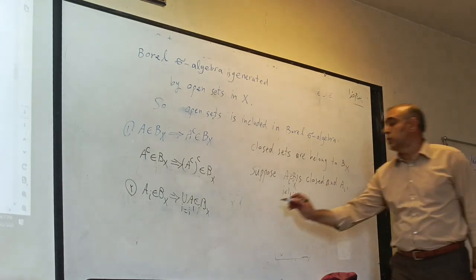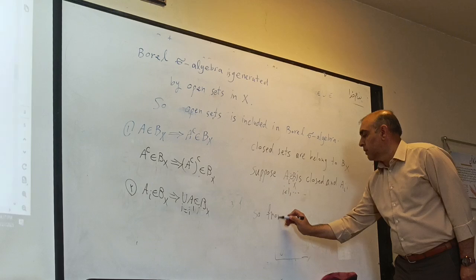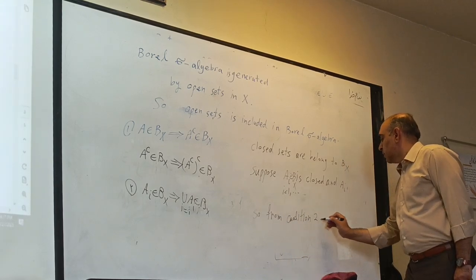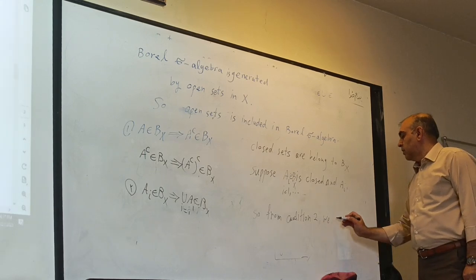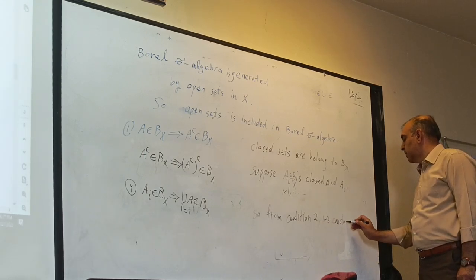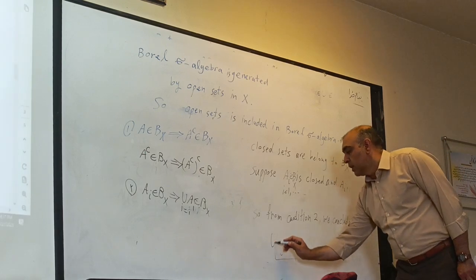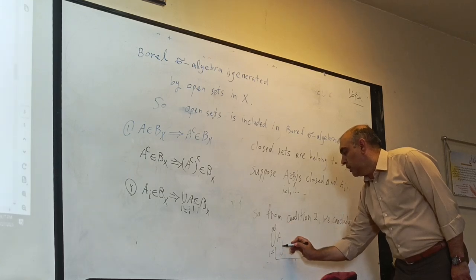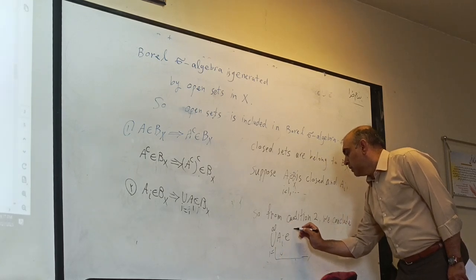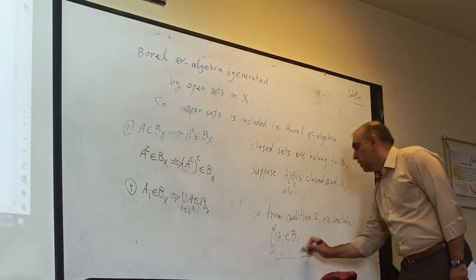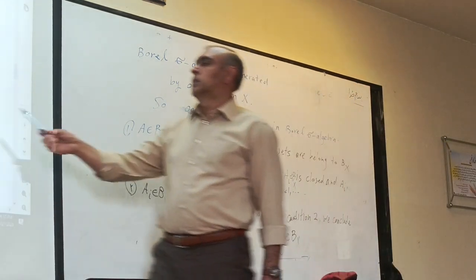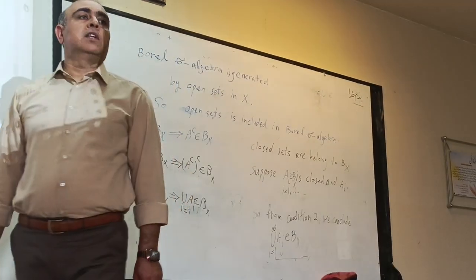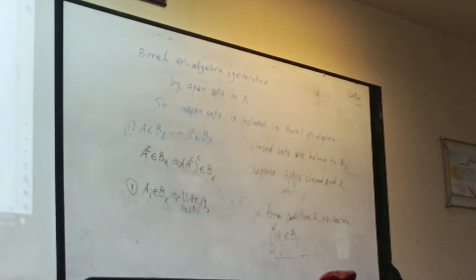So from condition 2, we conclude that the union from 1 to infinity of Ai belongs to Bx. A countable union of closed sets is Borel.